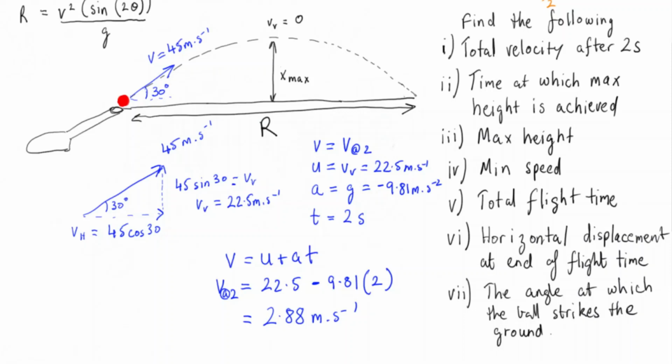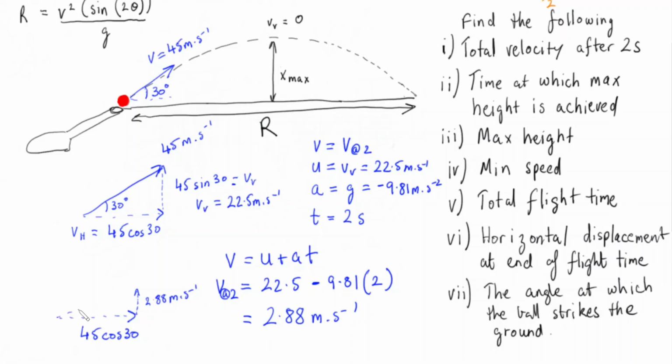So now if I want to find out our total velocity at 2 seconds, we know our horizontal component is going to remain the same, so that'll be 45 cosine 30. I know our vertical velocity at 2 seconds is going to be tiny, at 2.88 meters per second.